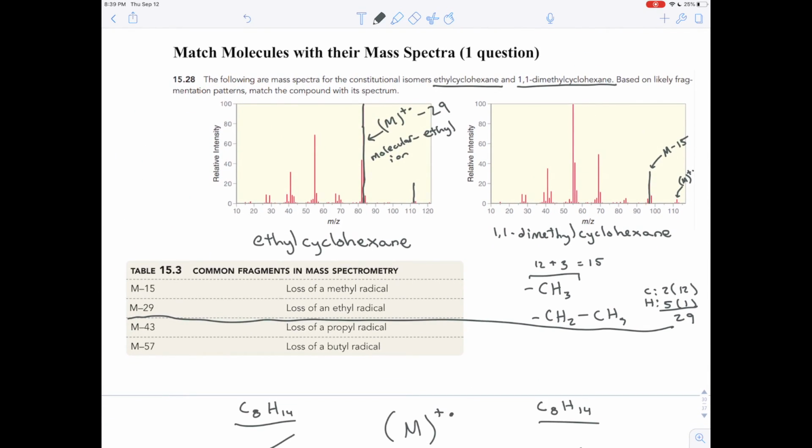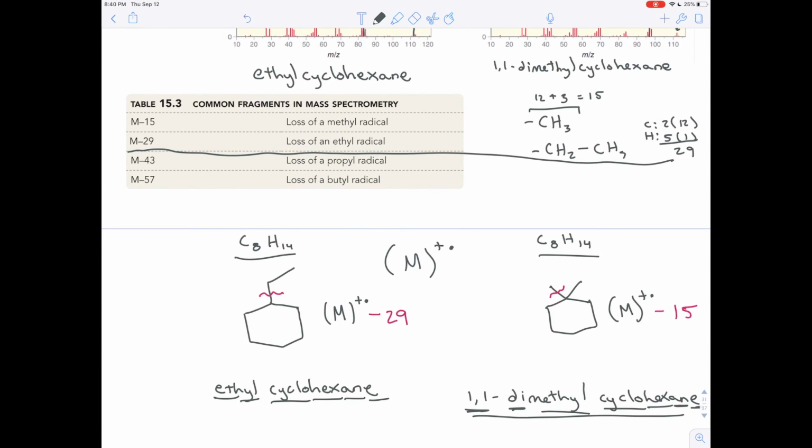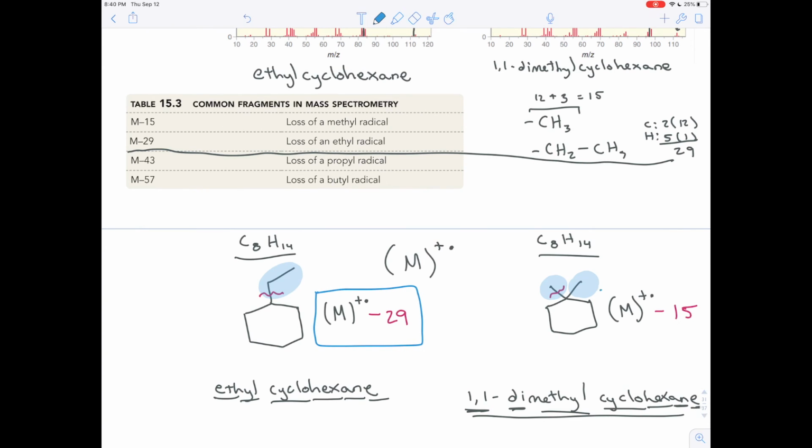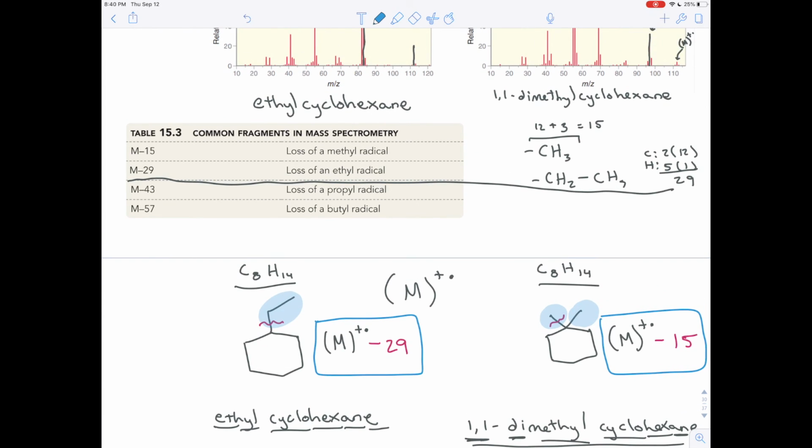Okay, so what did we do in this exercise? We had two molecules that had the same molecular mass, so we couldn't use the molecular ion peak to distinguish between them. So instead, we saw what types of branches were in the molecules, ethyl versus methyl. And we noted that those branches can easily get kicked off. And when they do, a unique amount of mass is kicked off of the molecule. So a molecular ion peak minus that specific mass is indicative of that specific branch.